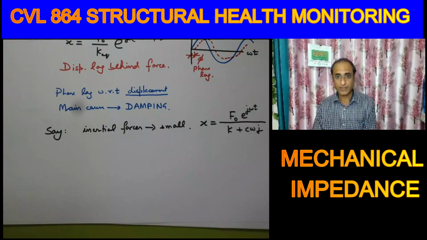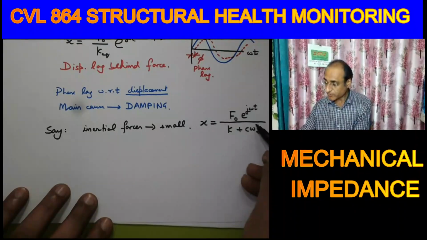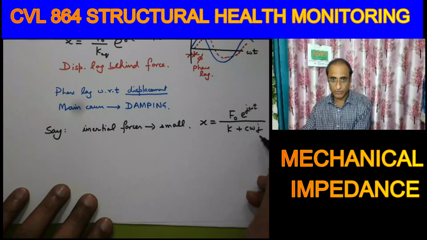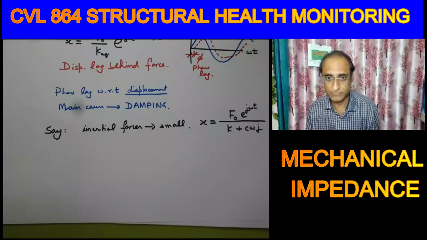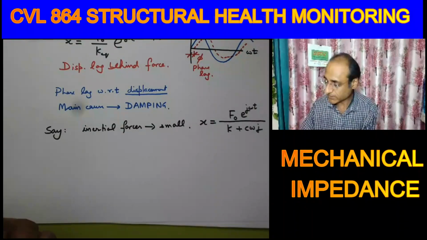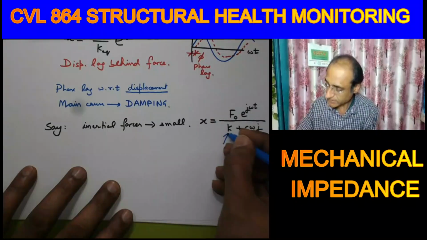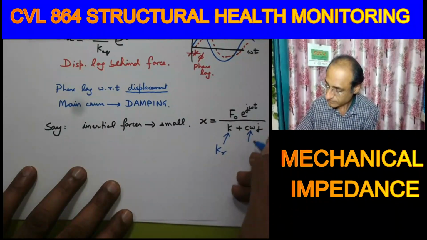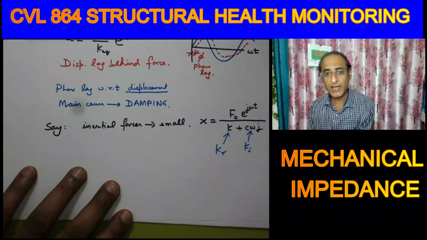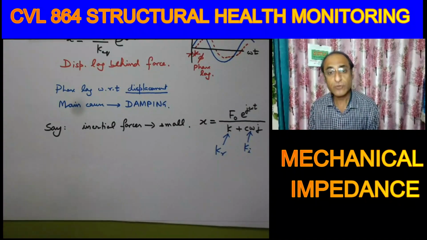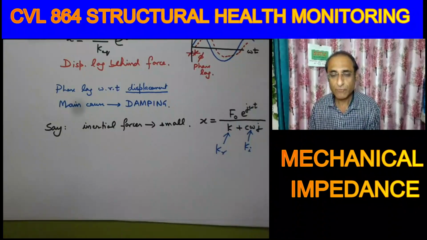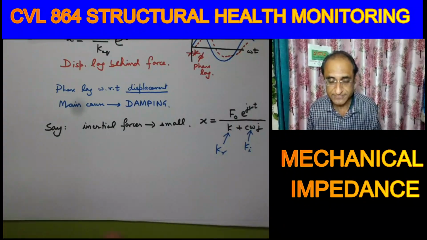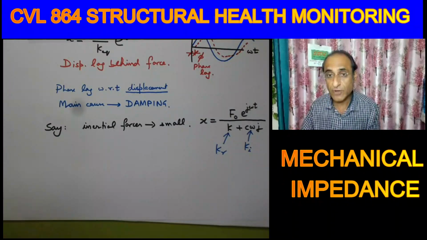Now the denominator is like an equivalent stiffness. We can say that stiffness is now complex: this is the real part of the stiffness and this is the imaginary part. Otherwise it was K, but because of the presence of damping we are getting a higher effective stiffness, right? So this introduces the concept of complex Young's modulus.